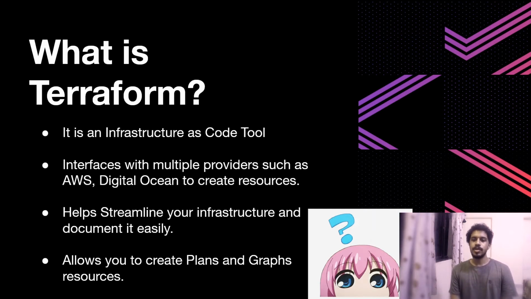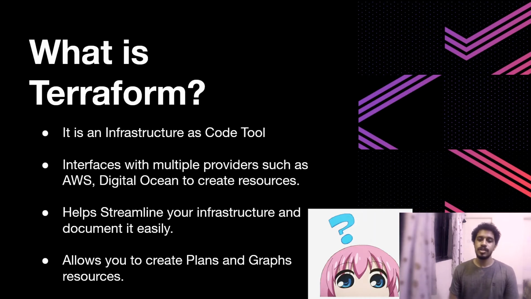So in the plan, you get to see all the details that are being shown by Terraform, things such as what will be created, and what will be deleted, or what are the options that Terraform knows about, and what will be in the state file after apply. So that is also a very good thing about Terraform. You can see what is being created rather than having an abstraction layer where you don't know what all things are being created for you.